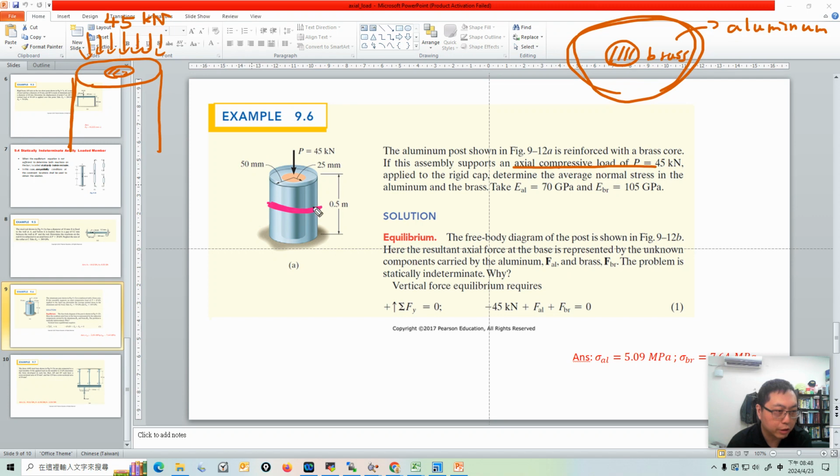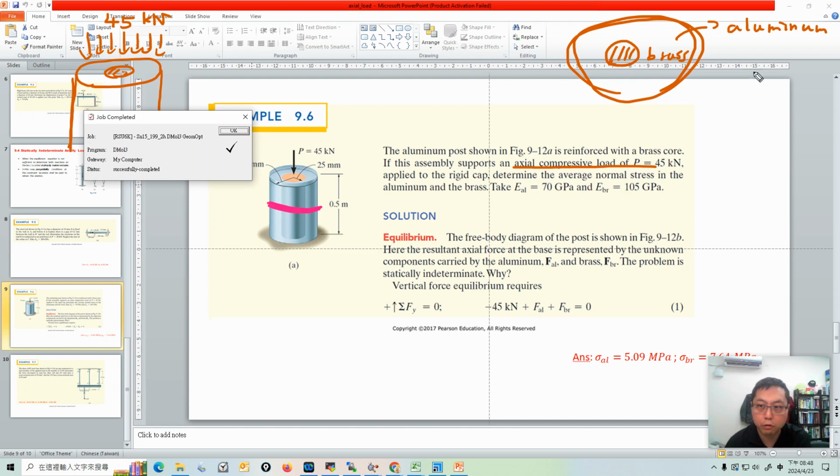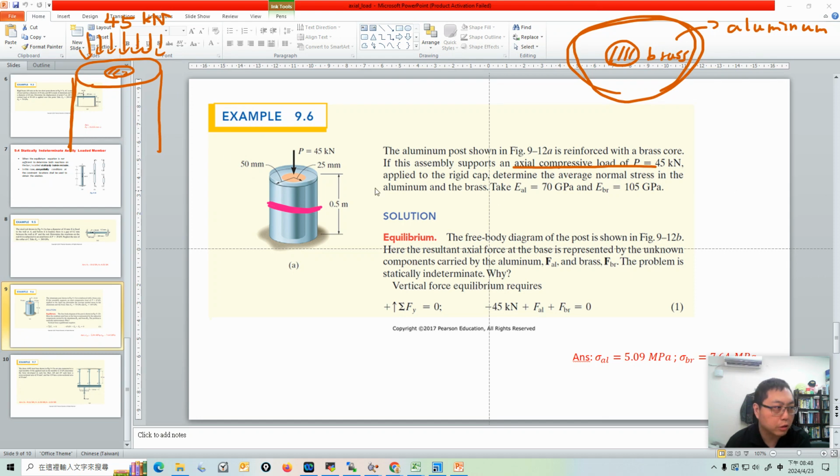We cut a section here, and there is an internal normal force to balance the external loading, because the whole object is static.